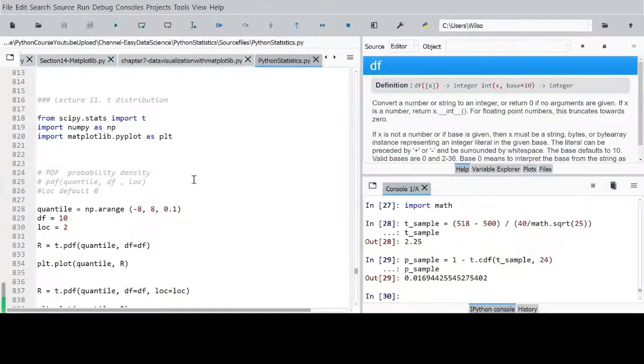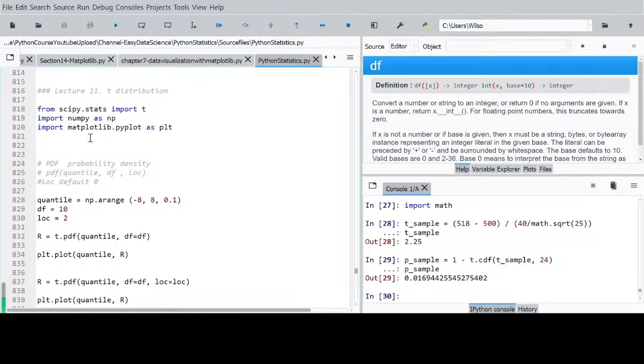So next we will show how to use t-distribution in Python. First we import the scipy.stats t module, the numpy module, and matplotlib.